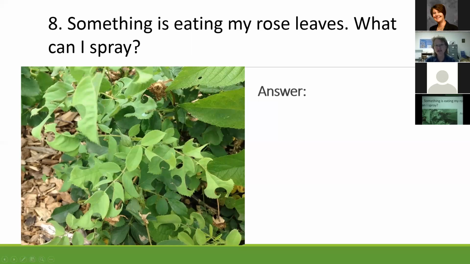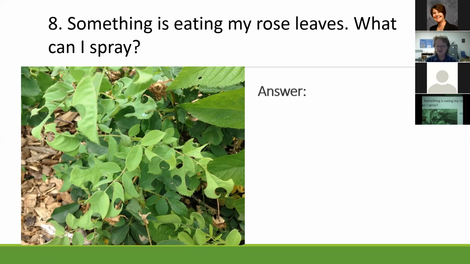A question I often ask homeowners, when they'll call and say my plant, my tree, my shrub, whatever, is dropping all kinds of leaves and the ground is covered with the leaves, is to look up at the tree. Does it look fully leafed? Are there lots of leaves still on the plant? Or does it look very, very bare? Do you have bare branches?